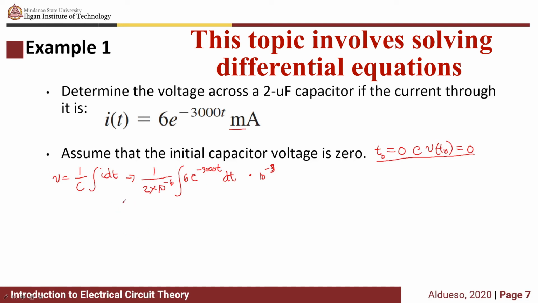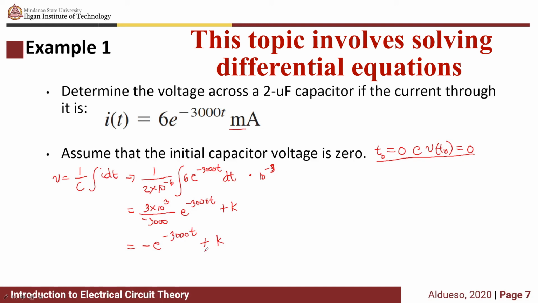So we have 6 over negative 3000 e to the negative 3000t plus k, equivalent to negative e to the negative 3000t plus k.